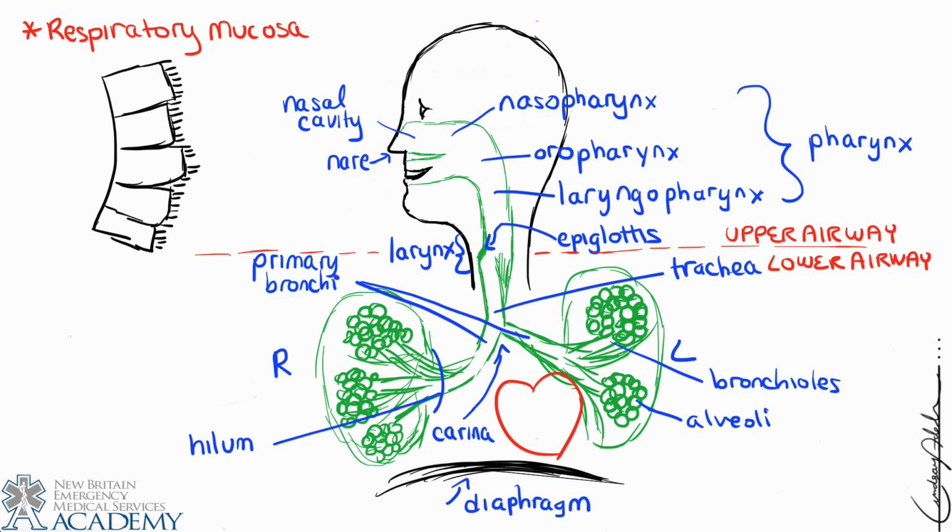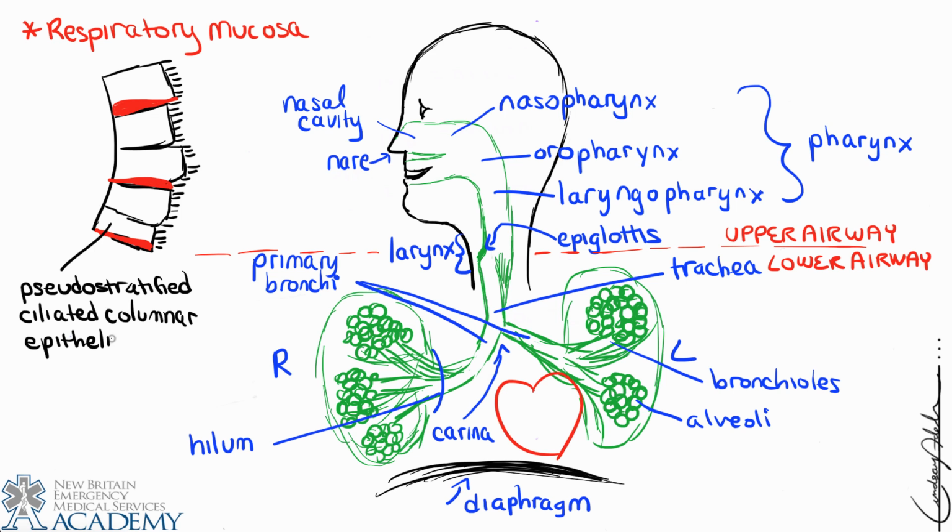Most of the lining of the respiratory system is respiratory mucosa. Mucosa means a mucous membrane, basically an epithelial layer of tissue and a connective layer of tissue, and also some cells that secrete mucus. In the majority of the respiratory tract, the lining is made of pseudostratified ciliated columnar epithelium, meaning that the cells are columnar and they look stratified, but they're really simple.